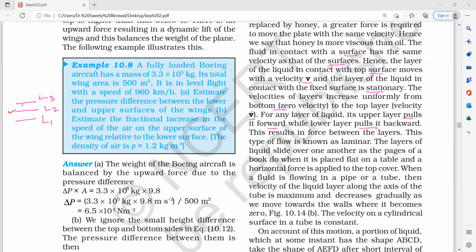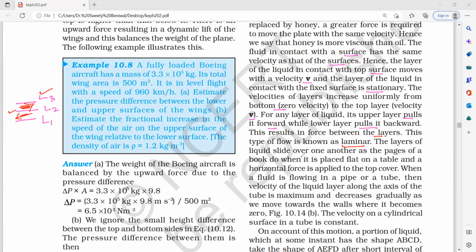Layer 2 is pulled forward by layer 3 while it is pulled backward by layer 1. This results in a force between the layers, and this type of flow is known as laminar flow.